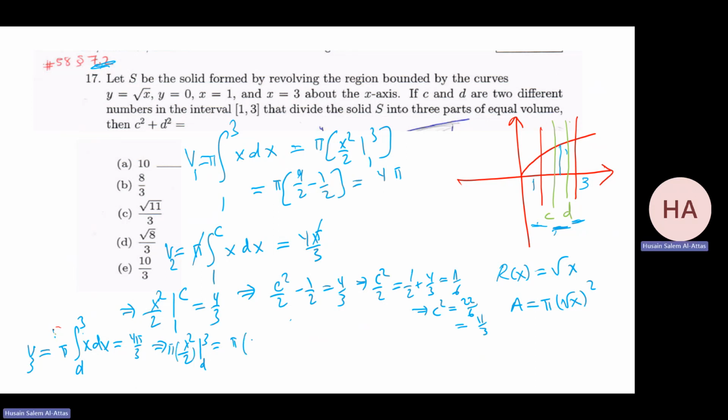That will be pi times 9 over 2 minus D squared over 2. Cancel the pi, because it will be 4 over 3. So D squared over 2 is 9 over 2 minus 4 over 3, which is what? 27 minus 8, that will be 19 over 6. So D squared will be 19 over 3.